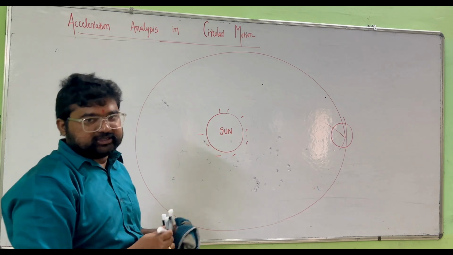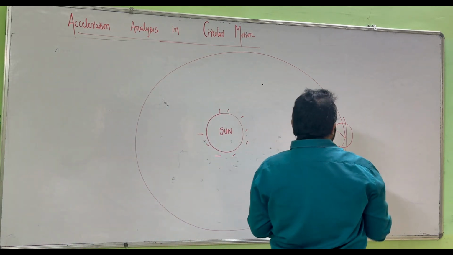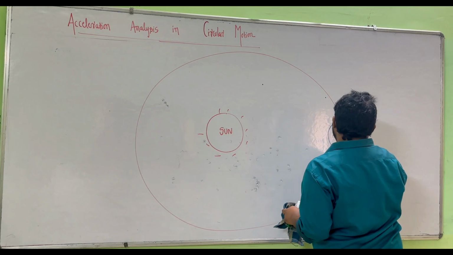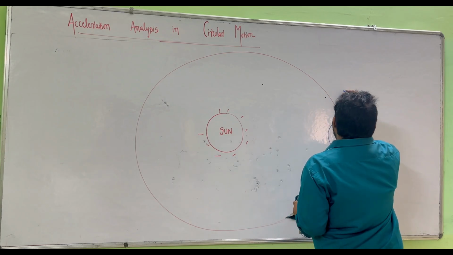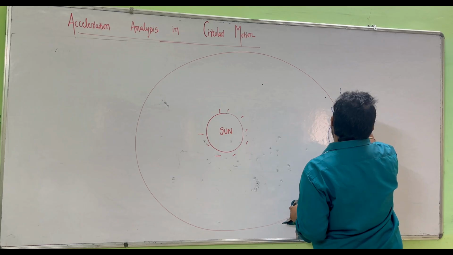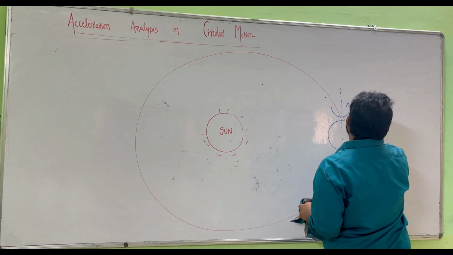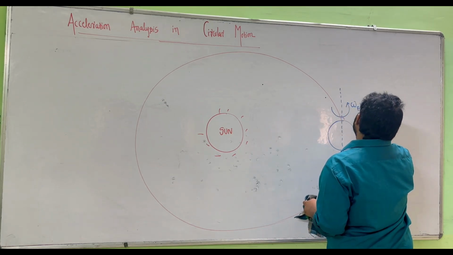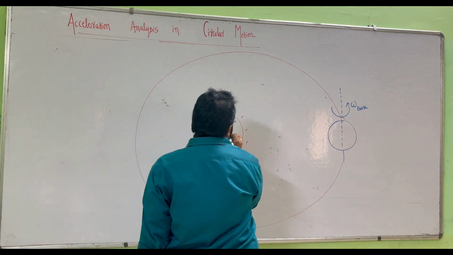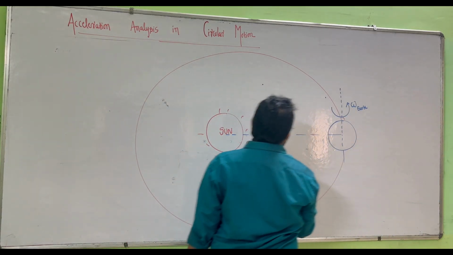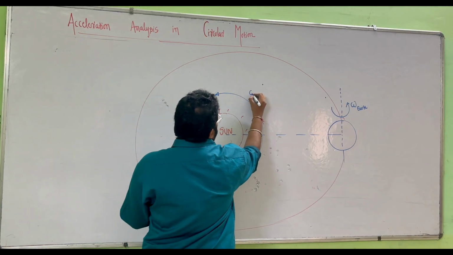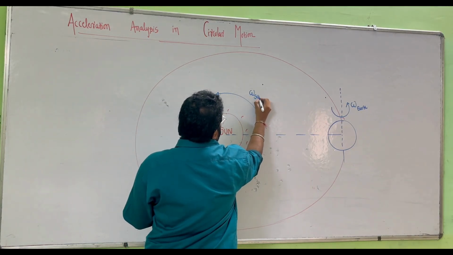Here, Earth. Earth is rotating about itself with angular velocity omega. This is the angular velocity of the Earth, and this is the angular velocity with respect to the Sun.